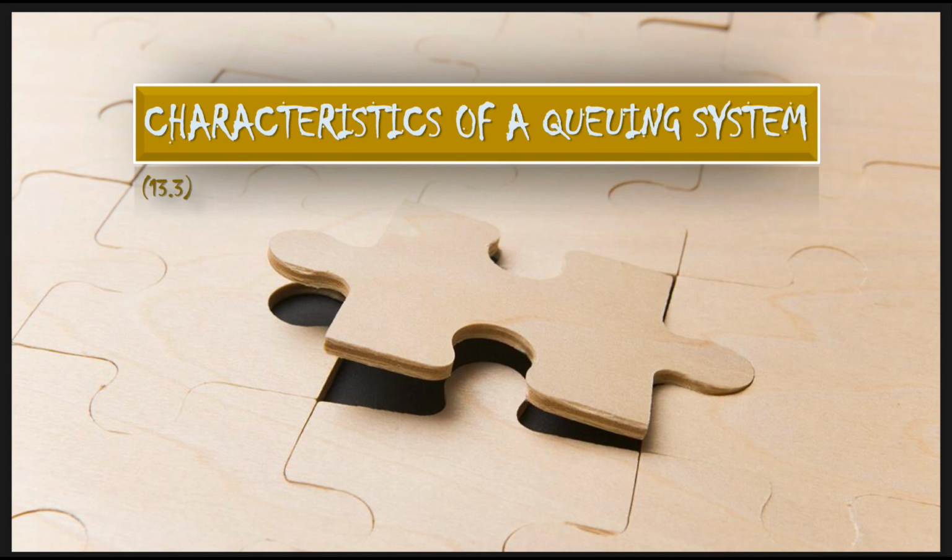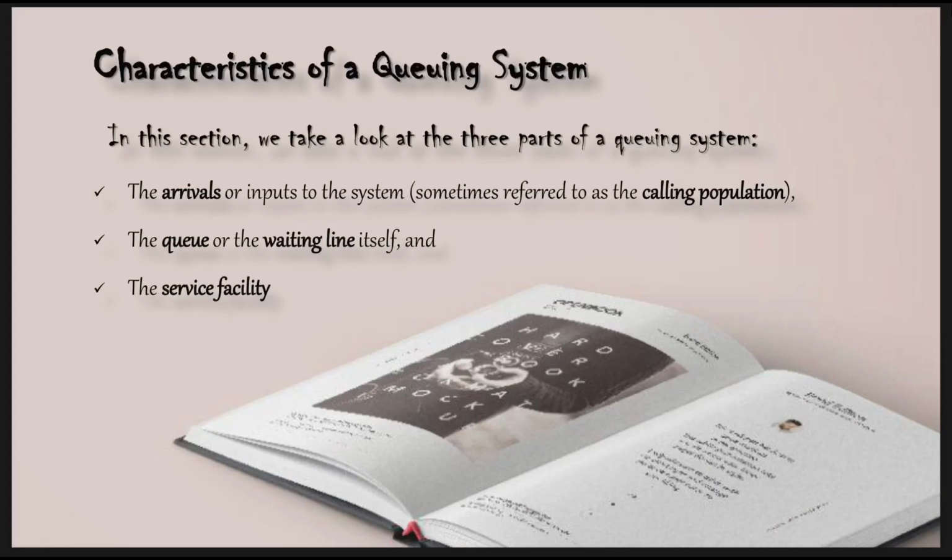So right now, it's time for us to dive into the characteristics of a queuing system. In this focal matter of the characteristics of a queuing system, meron tayong 3 parts ng queuing system.